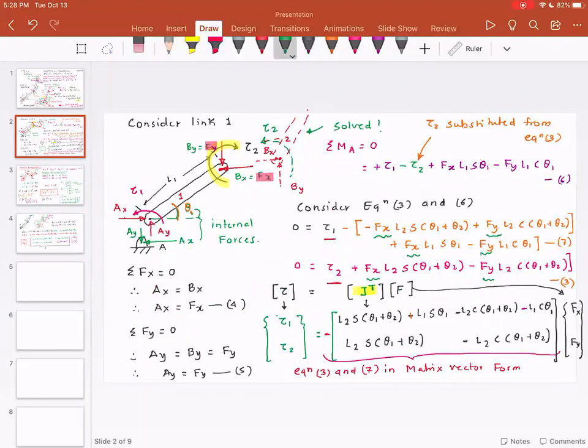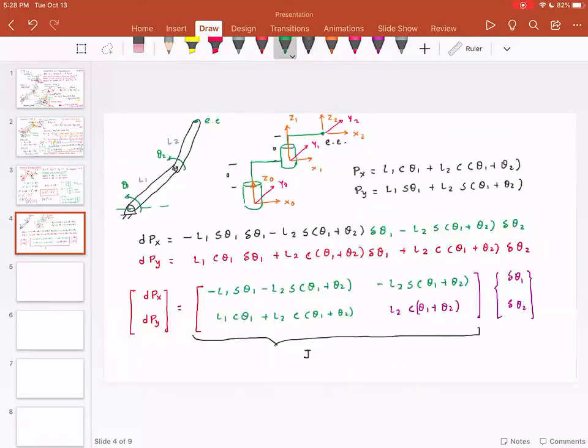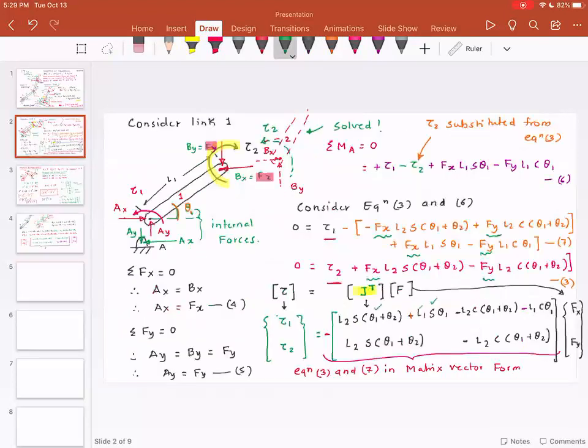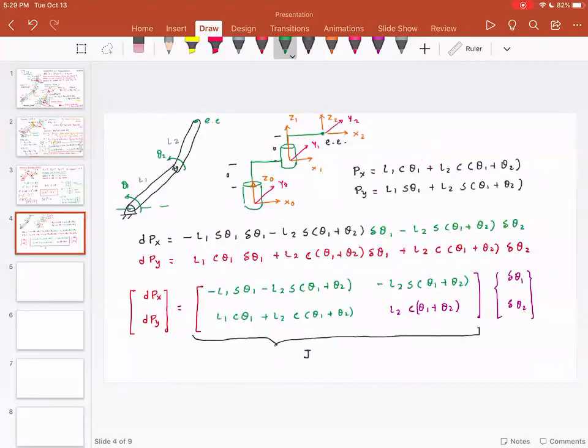So we have this term, we have this term. Let's look at the second row, second column, where I have L2 cosine (theta 1 plus theta 2). Let's look at the term here. I have minus sine and minus sine, so this becomes L2 cosine (theta 1 plus theta 2).